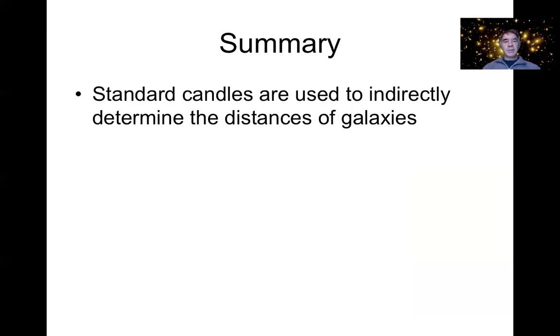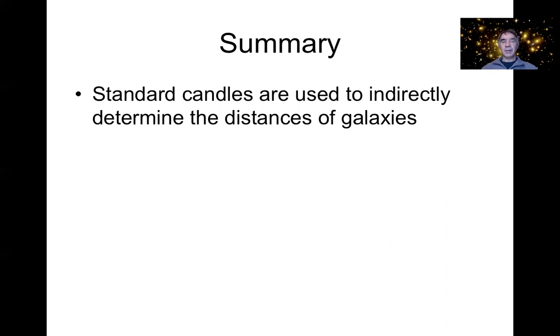So standard candles are basically an indirect method. It's not like the trigonometric parallax method, which is a purely geometric method that gives you the distance directly. Here we are relying on these calibrations of the standard candles, so that's what we mean by an indirect method.